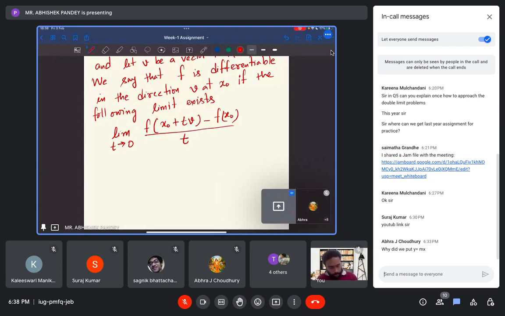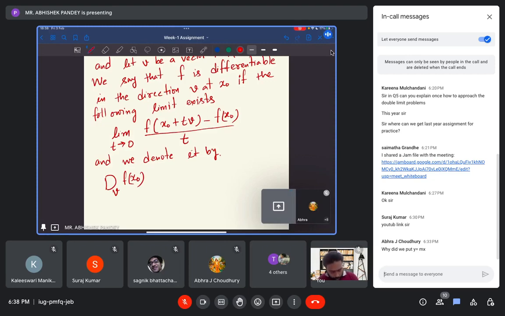Okay, and we denote it by dv f of x naught, which means directional derivative of f at x naught in the direction v.